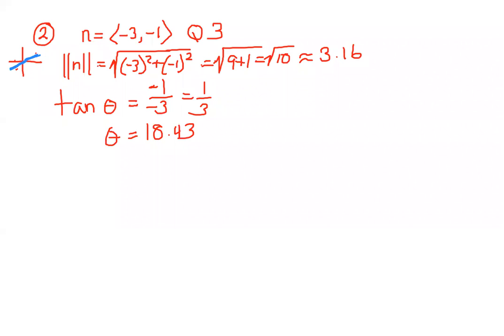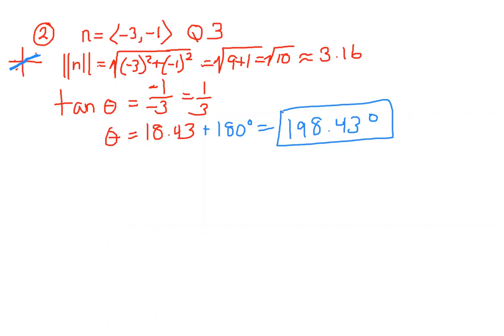We're going to add 180 to it. And we get 198.43 degrees for our theta, and about 3.16 for our magnitude. So if you are in quadrant 3, you have to add 180 to the answer that your calculator gives. That's how you solve that.